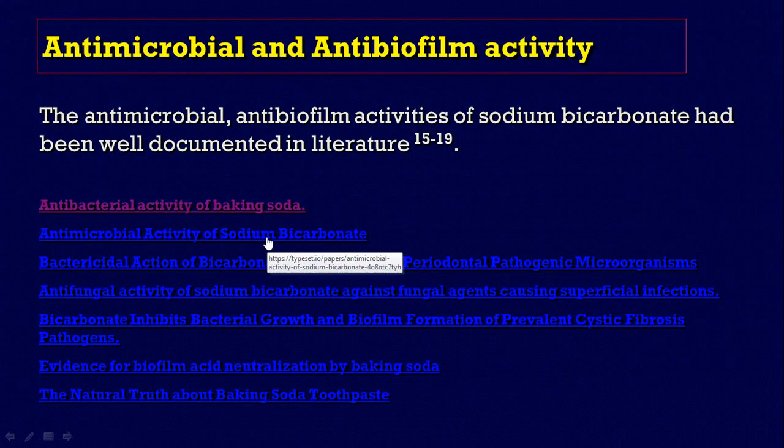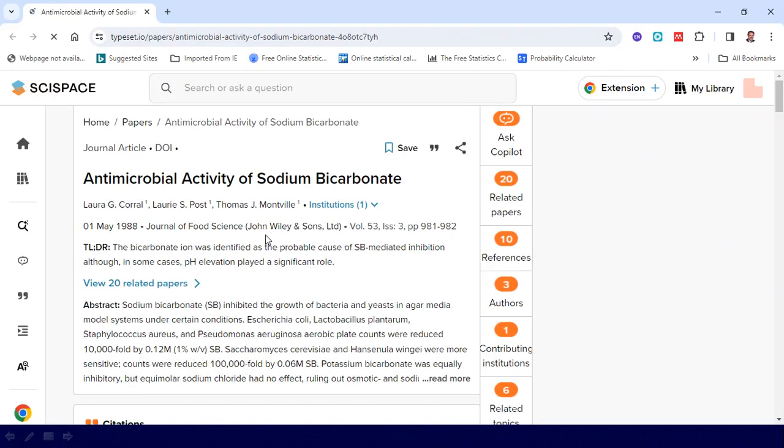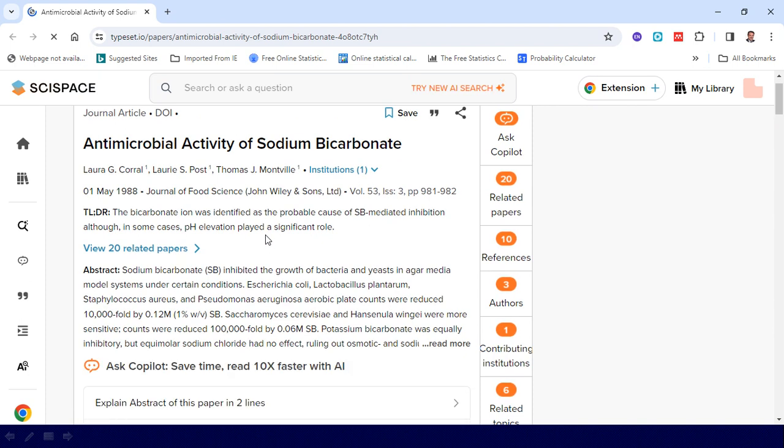This is also another paper. Antimicrobial activity of sodium bicarbonate. Sodium bicarbonate inhibited the growth of bacteria and yeast in an agar media model system under certain conditions.